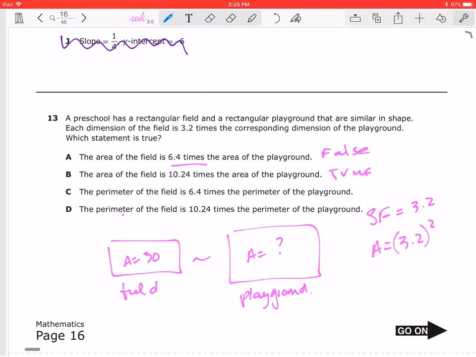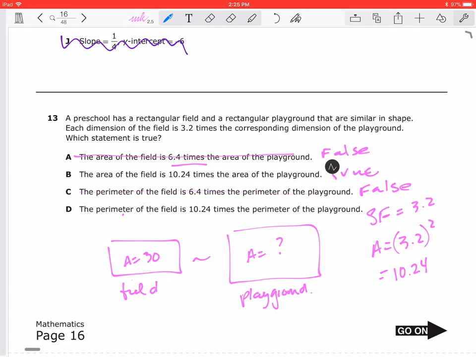The area of the field is 10.24 times the area of the playground. This is true, because 10.24 is 3.2 squared. C, the perimeter of the field is 6.4 times the perimeter of the playground.